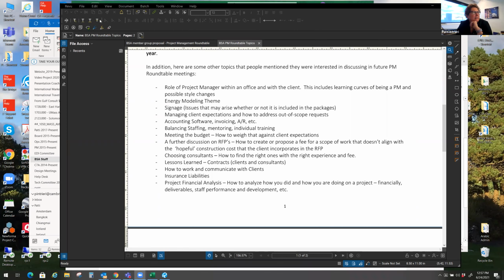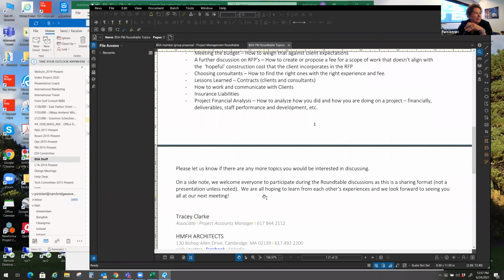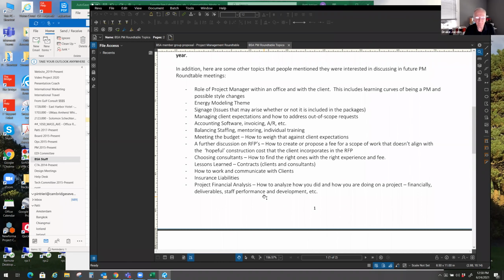This is the list of topics: role of the project manager, energy modeling, signage, managing client expectations, accounting software. I don't see the CA thing here that you're mentioning. Well, maybe we should add it.